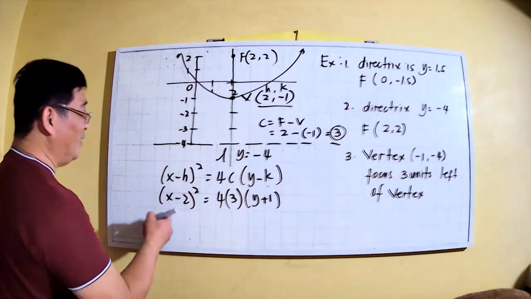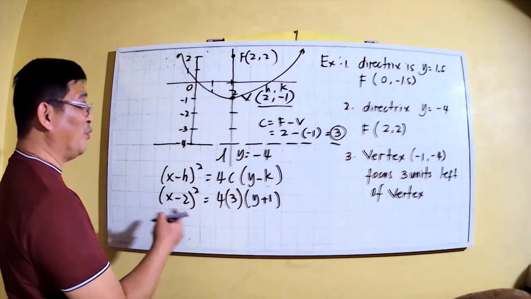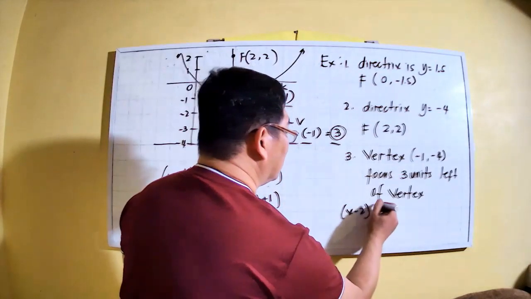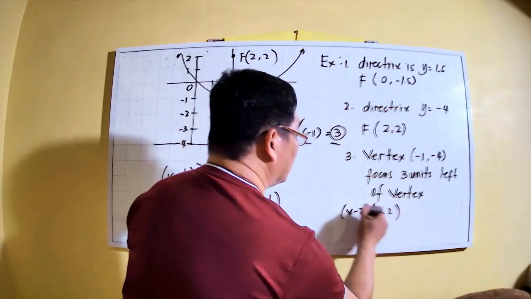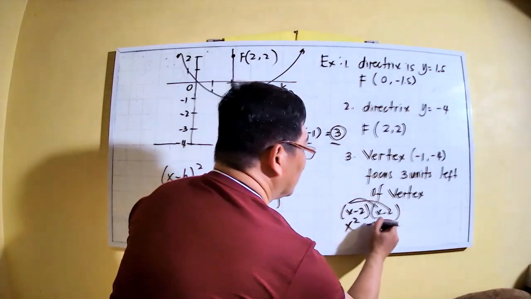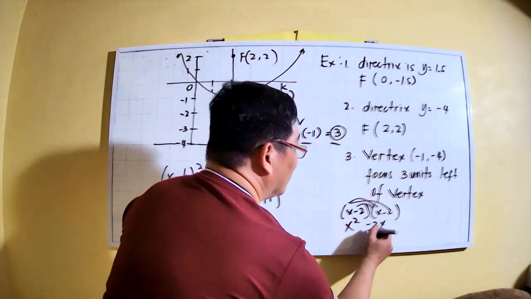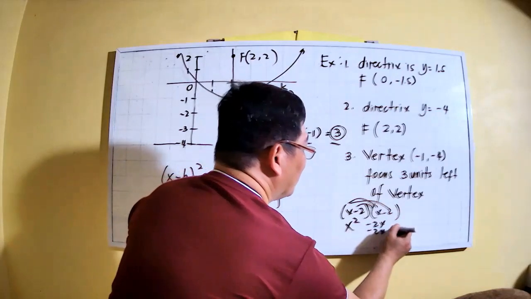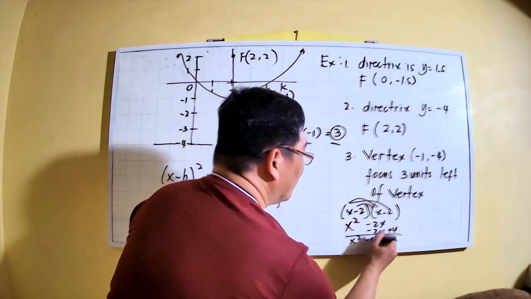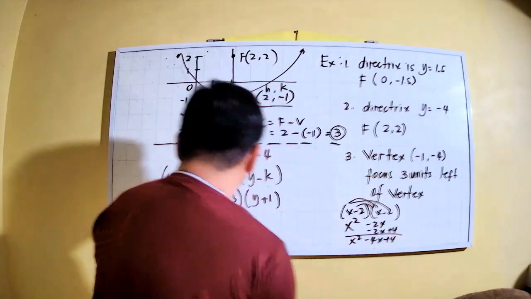So, let's simplify. This is x minus 2 squared. Using the FOIL method, x squared minus 2x, minus 2x, positive 4, x squared minus 4x plus 4.